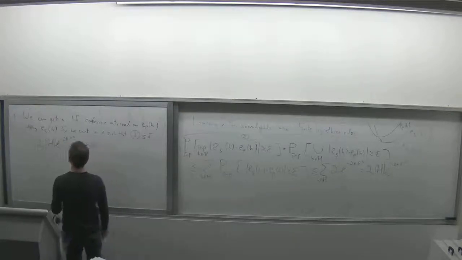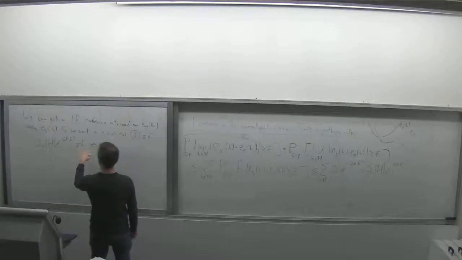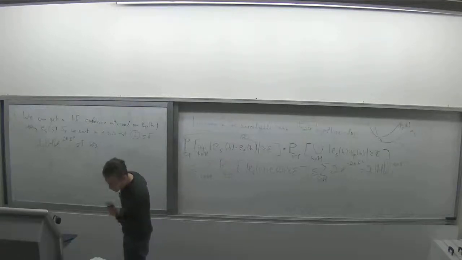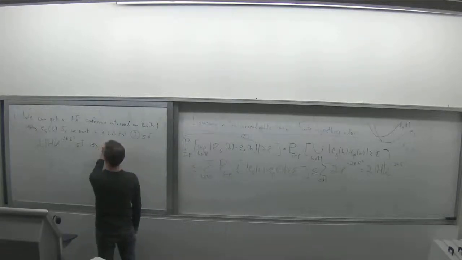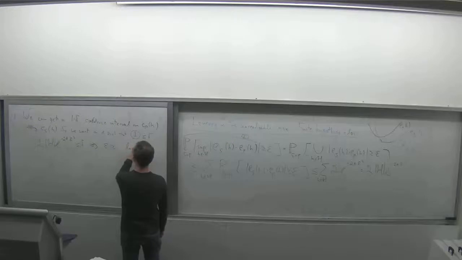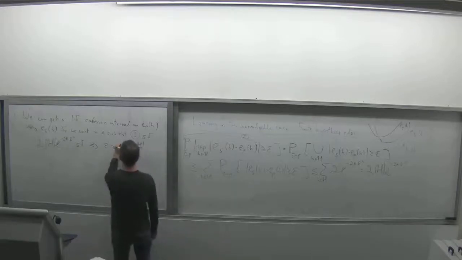So we can conclude from this that, let's check the answer, epsilon is greater than the square root of ln(2h over delta) times 1 over 2n.